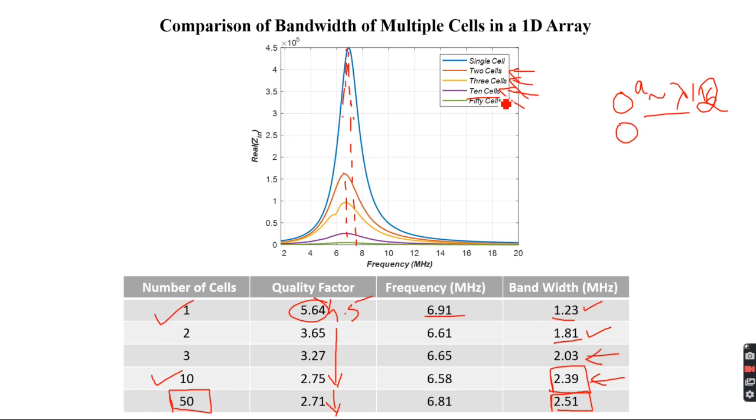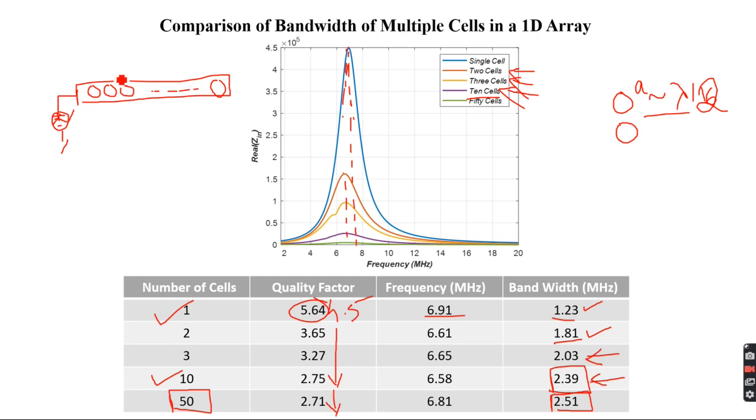So if you have CMUTs as a linear 1D array, let's say for a CMUT probe, then these cells are going to push each other, or they are going to affect one another, and you can drive them as receivers, or you can have biasings, or you can drive them as transmitters by applying a harmonic signal. Okay, but there's going to be an effect of mutual crosstalk always, as long as they are very close to each other.